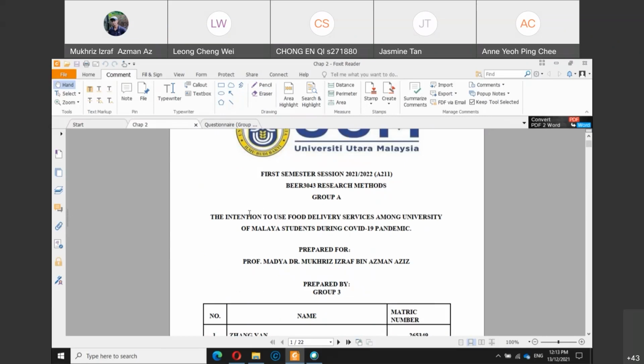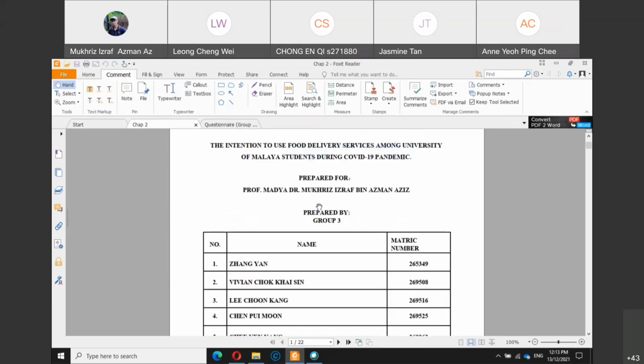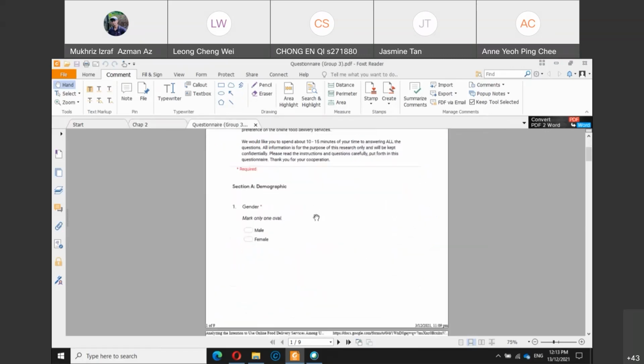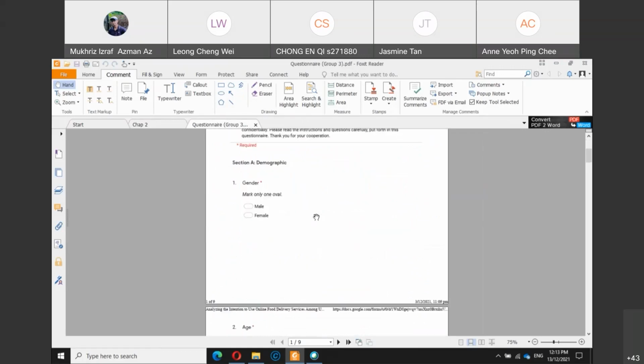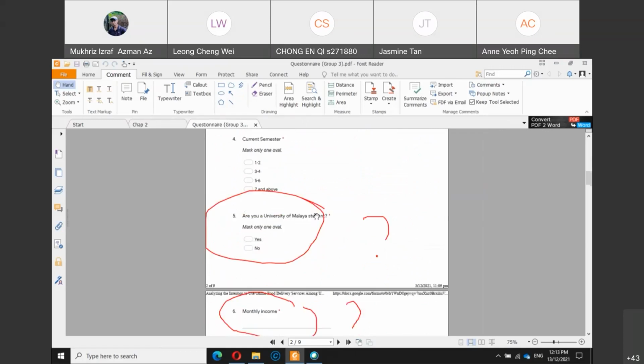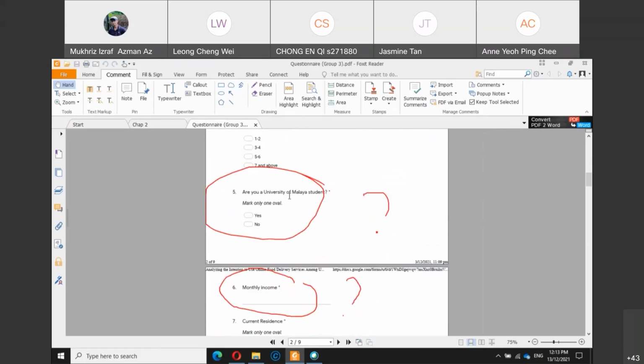How many students are registered in Universiti Malaya? The current students. Group 3, what is your response to that? You are already entering the eighth week, surely you have a plan. How do you plan to get that information?